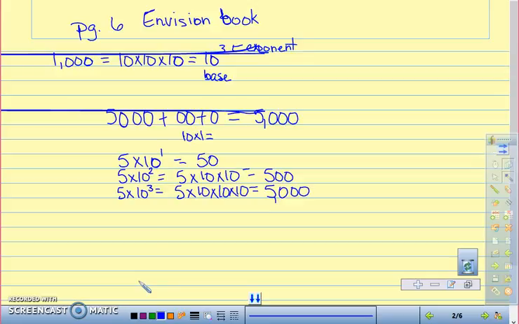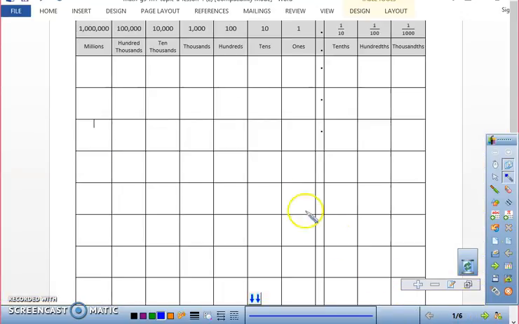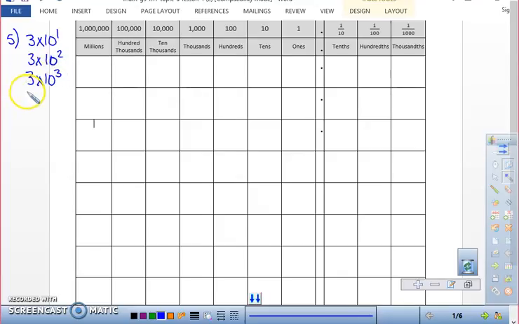Okay, we're going to go into the independent practice, and I also want to show you this on the place value chart. If you look at number 5 on your independent practice, we have 3 times 10 to the first power, 3 times 10 to the second power, 3 times 10 to the third power, and 3 times 10 to the fourth power.